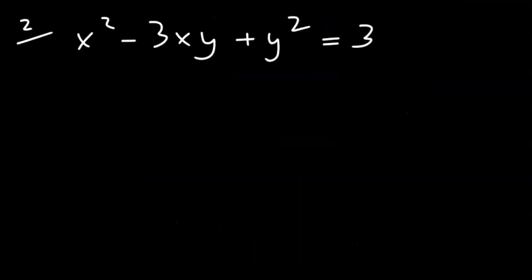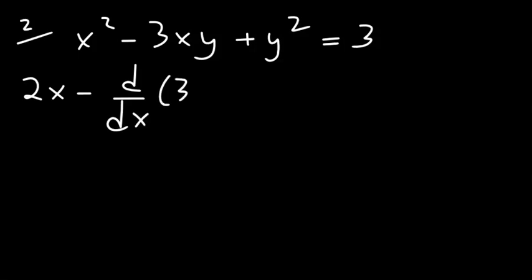Let's look at the following function. Differentiating term by term, the first one will give you 2x when we differentiate that with respect to x. The second term, remember, we want to differentiate this entire thing with respect to x. So let's apply the product rule. 3 is just a constant, you can take that out.